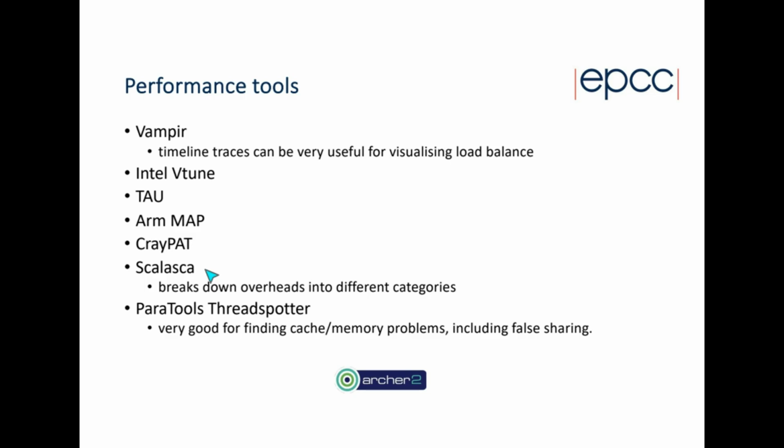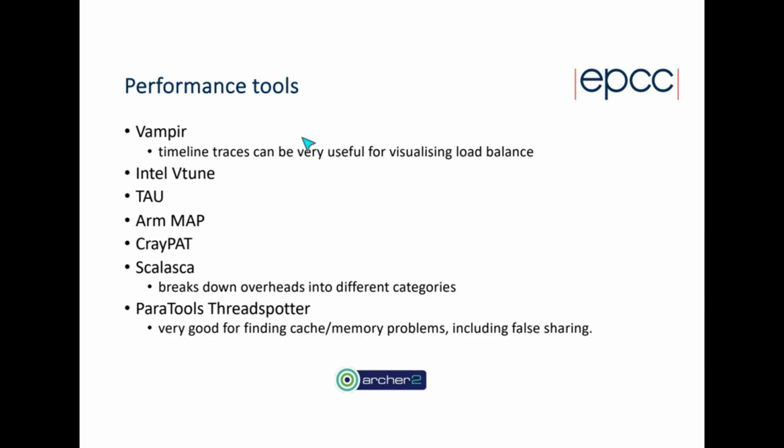It can be quite difficult to get it to build with large applications, but when it does work, it's very nice because it takes this approach of breaking down overheads into different categories, apportioning execution time into useful compute and different types of overhead.